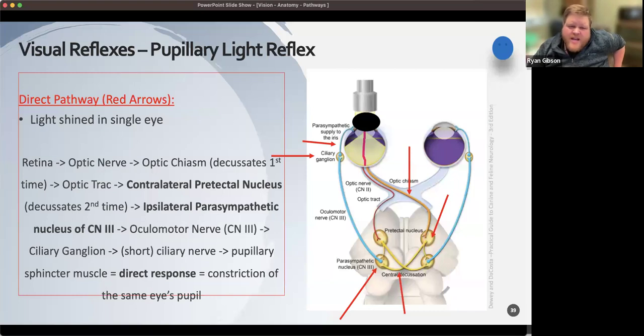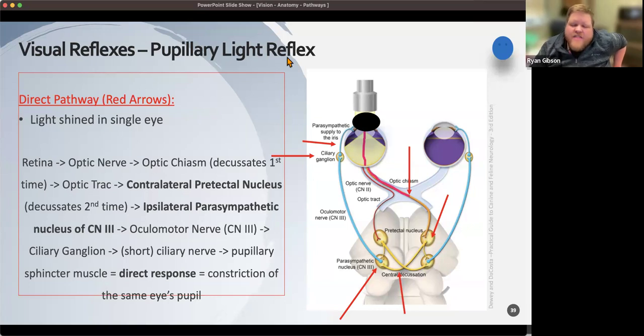We're going to stimulate the ganglion. It's going to travel via the optic nerves. And because this is the direct pathway, we're going to follow the majority of the fibers, in a dog the 75% of axons that cross at the optic chiasm.